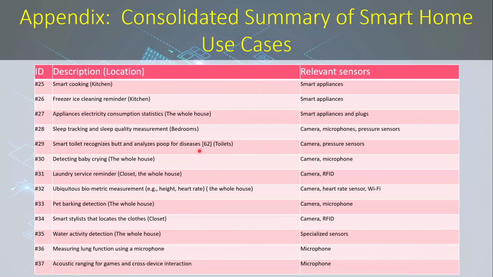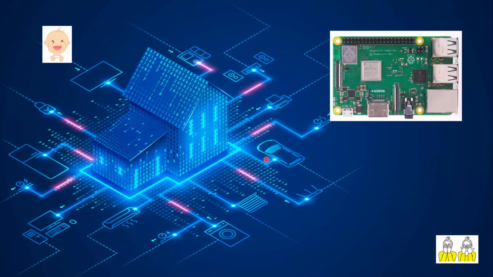For example, here is the smart toy recognizing rear end, analyzing poop for diseases, and the relevant sensors would be the camera, and I guess the pressure sensor to determine when someone's actually sitting on the toilet. And that is all I have for this presentation, and I look forward to your questions.